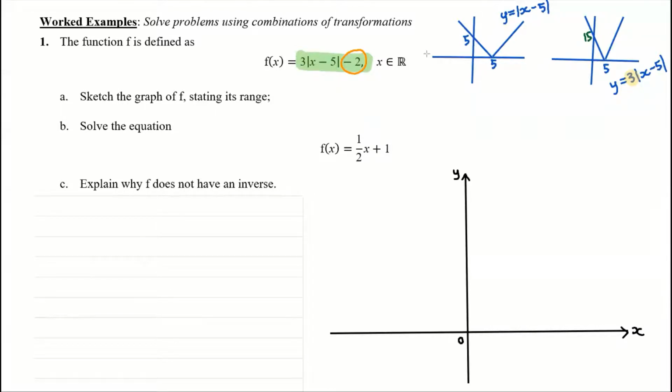So it's going to be a steep, or relatively steep, straight line graph for the first negative branch. And then we're going to have the same mirror image of that with the positive gradient right there. And then we can just label all our key points. So if you'll note, the minimum value is still when x is 5.